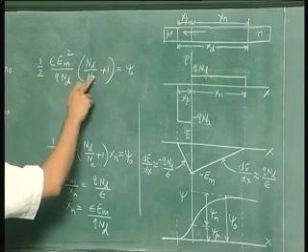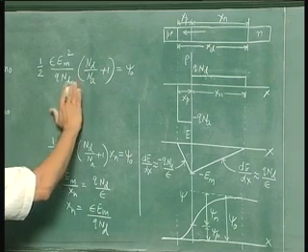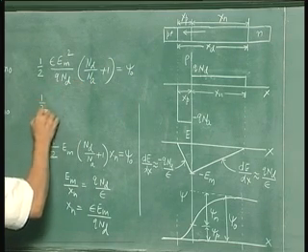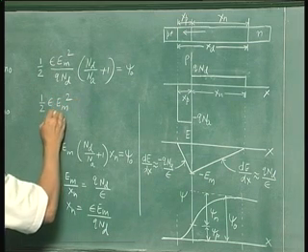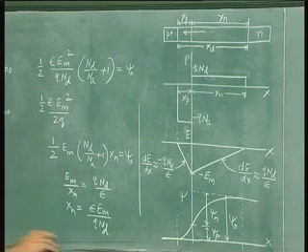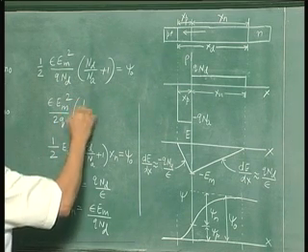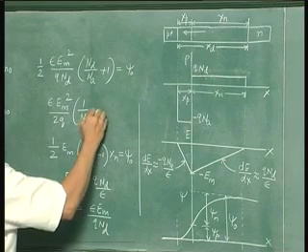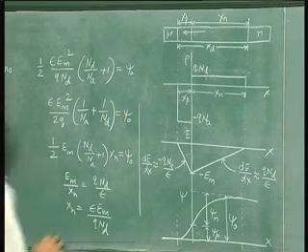Now if you put this Nd inside, then you will get a much better looking expression. Half of epsilon Em square by q into 1 by Na plus 1 by Nd is equal to psi naught.